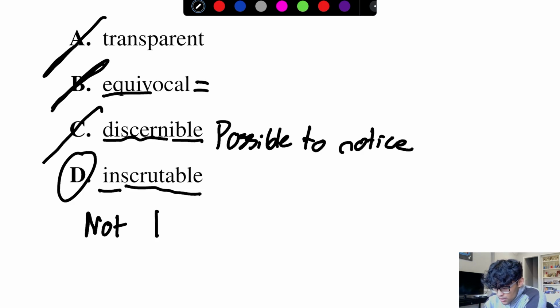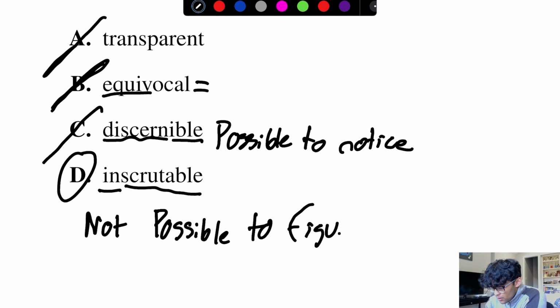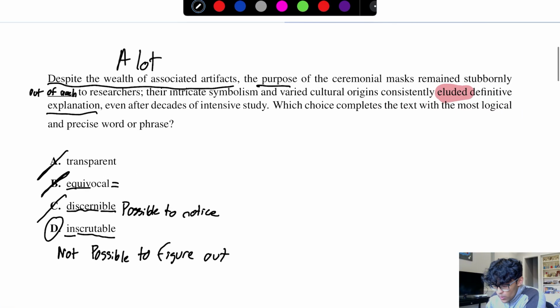So it's not possible to figure out is what I would basically translate this word to mean, which makes a lot of sense, right? The purpose of the ceremonial masks remains stubbornly not possible to figure out to researchers. That makes sense, right? Obviously, grammatically, it's not perfectly correct, just because we're plugging in our own words there, but just logically and intuitively, that makes sense. So if you said D for question two, you would be correct.